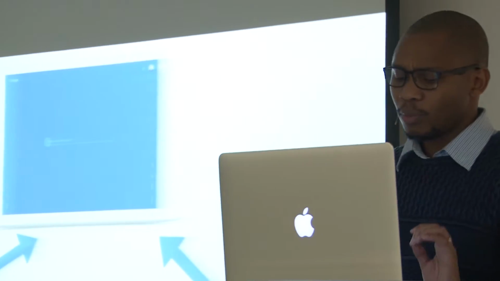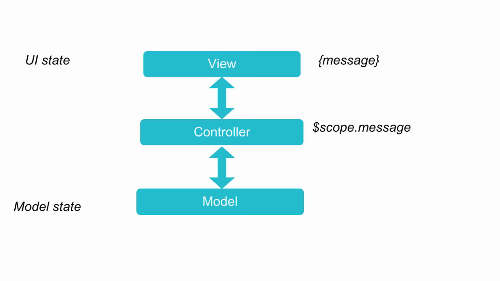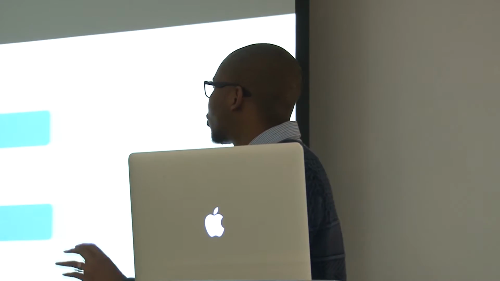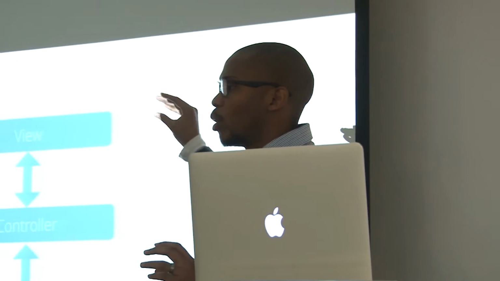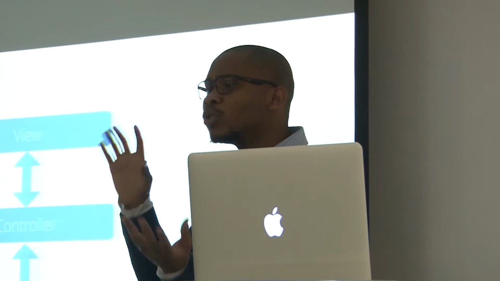Now, most JavaScript frameworks, the way they respond to these events, you would have your model state, right? Now, when your model state changes, you also have to update your UI state. And to keep the two in sync, you use data binding.